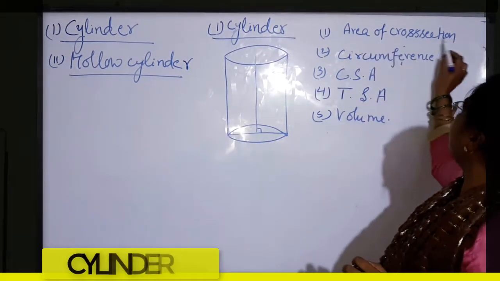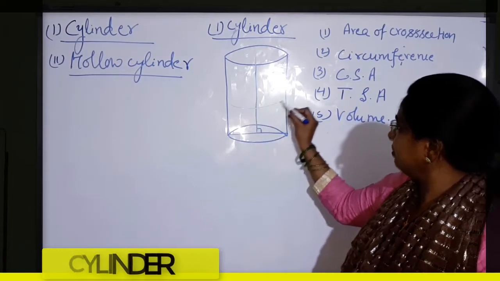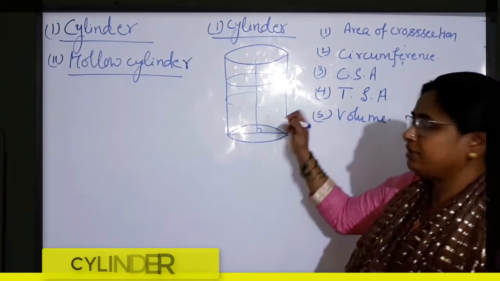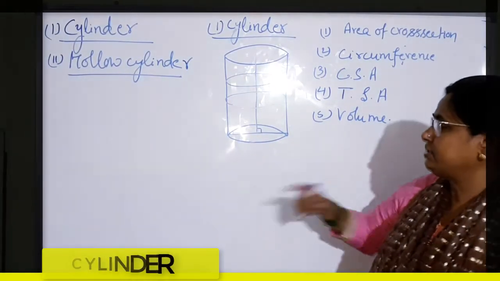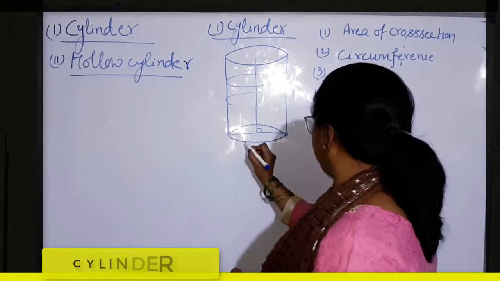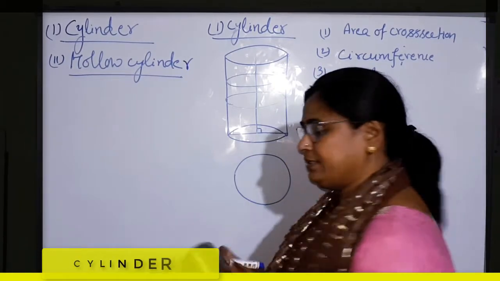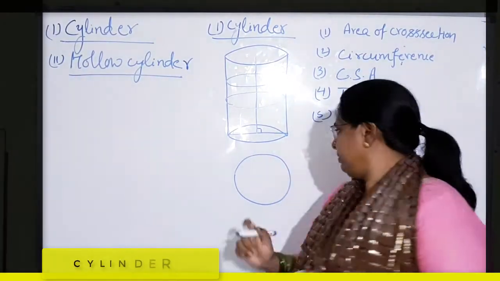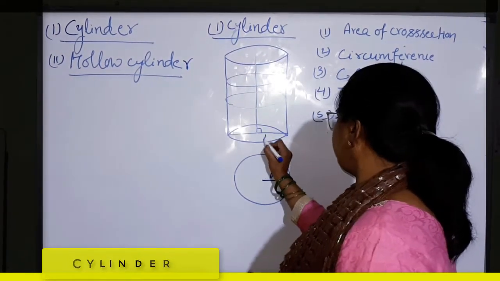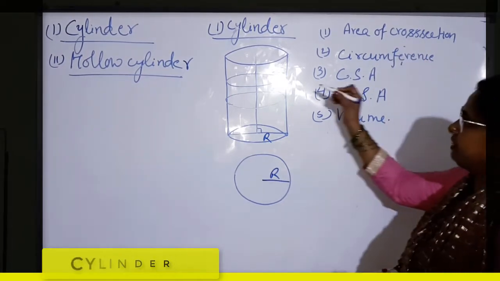So the area of cross section is uniform everywhere; the circular areas are the same. Suppose the radius of the circle, the base, is capital R.